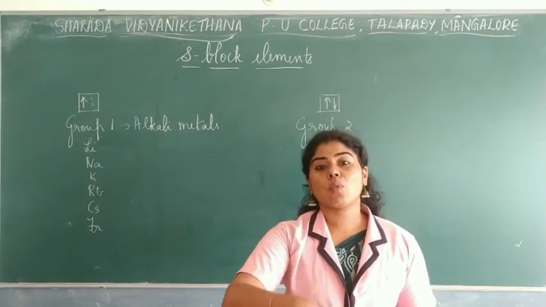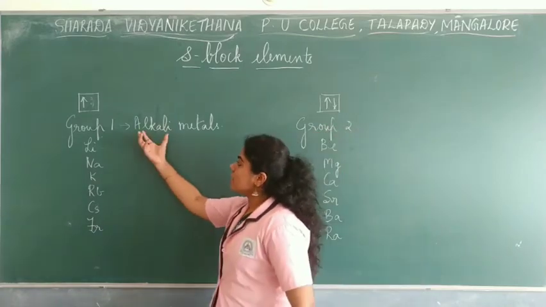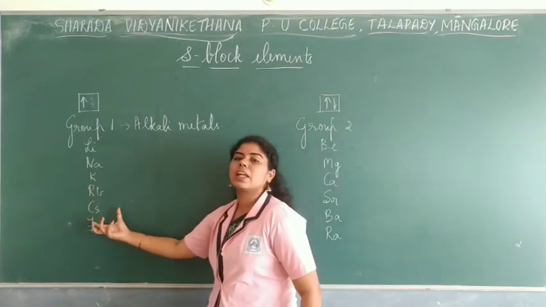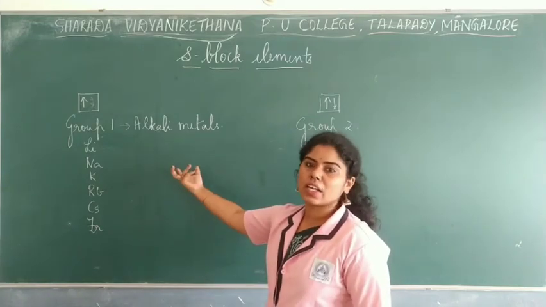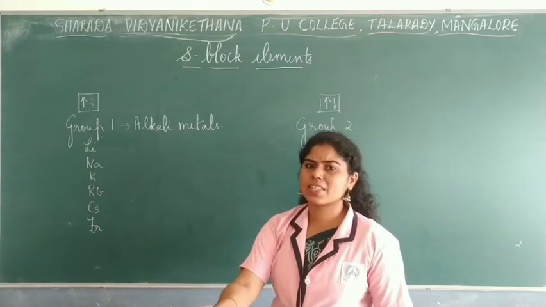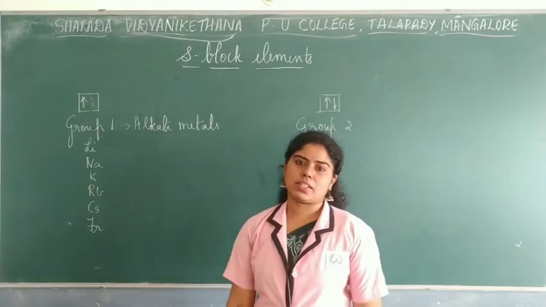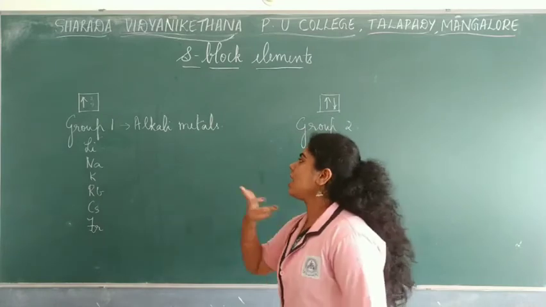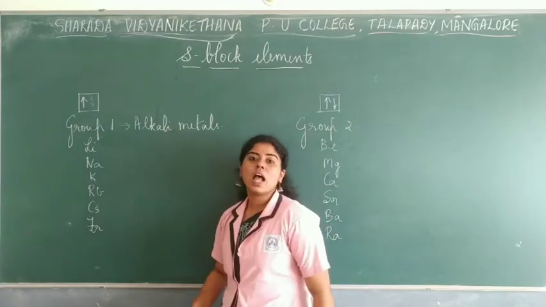So these form hydroxides when they react with water, and these hydroxides are alkaline in nature, which is basic and soluble in water, and that's why they are called alkali metals. Got it? They easily form hydroxides when treated with water, and that's why they are called alkali metals.